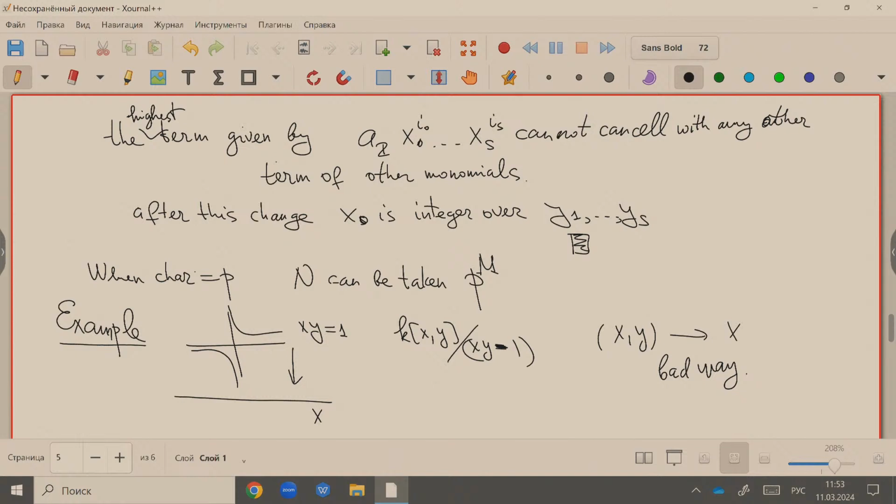From this point of view of the linear change, this is a bad way since y is related precisely with x by this equation. y is not integral over k[x].